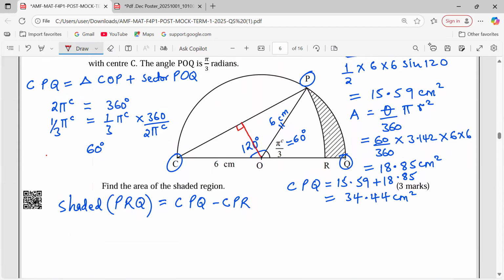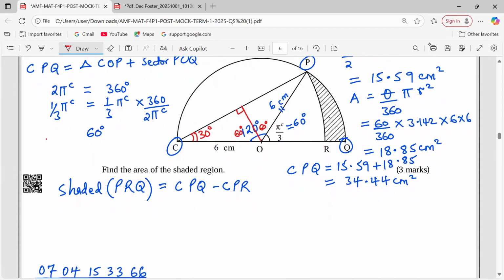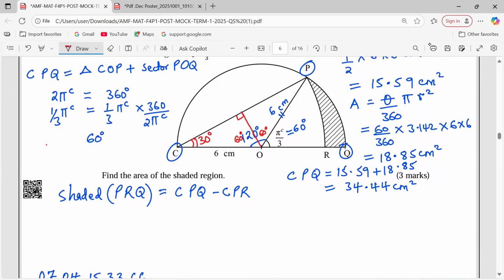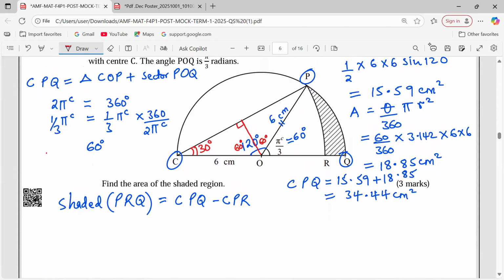Then this is 120, so we get 60 at this point and also 60 at this point, meaning that automatically we shall have 30 at that point. So let's use some trigonometry for us to get the radius of the sector CPR.